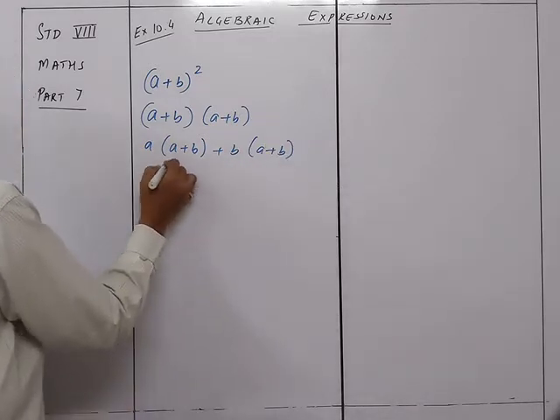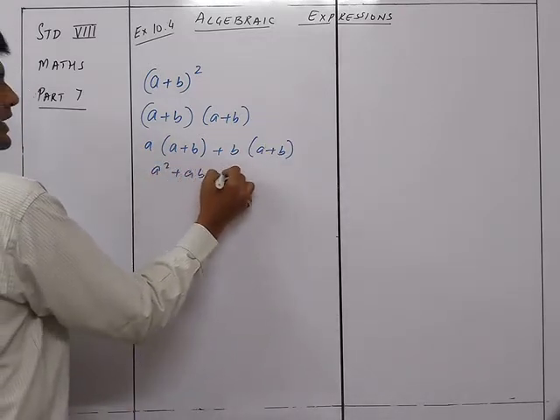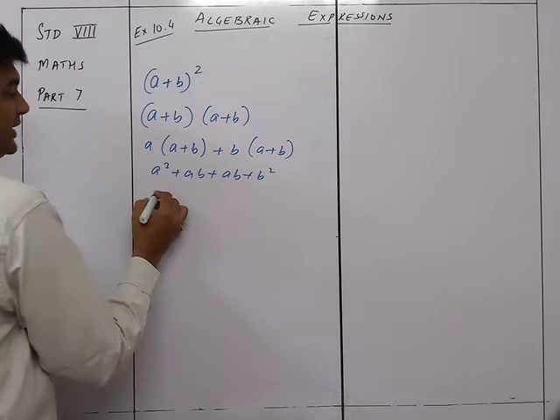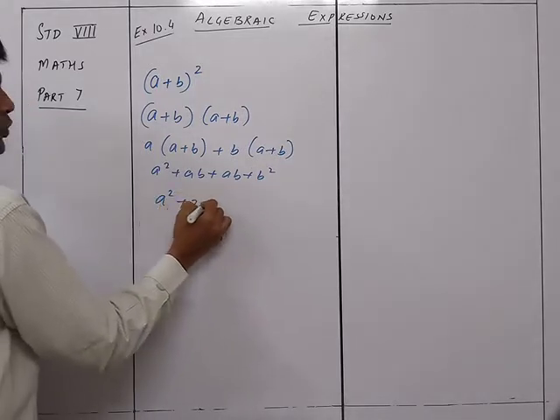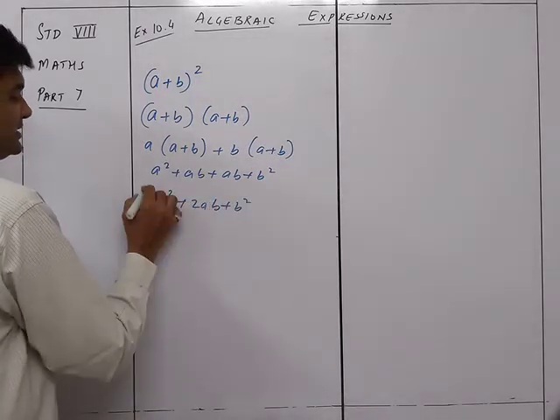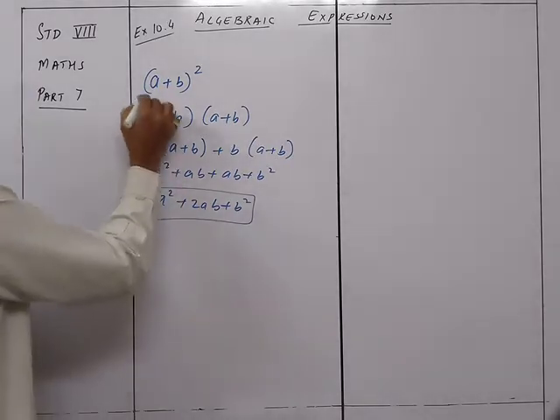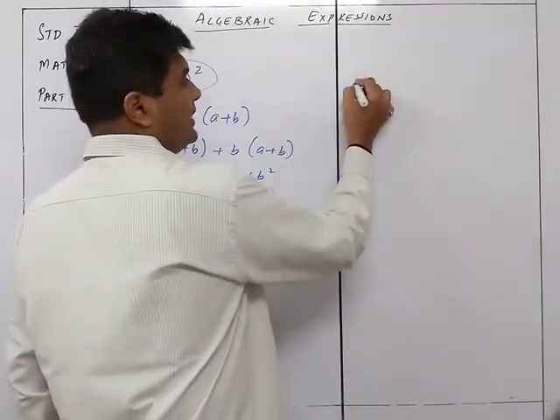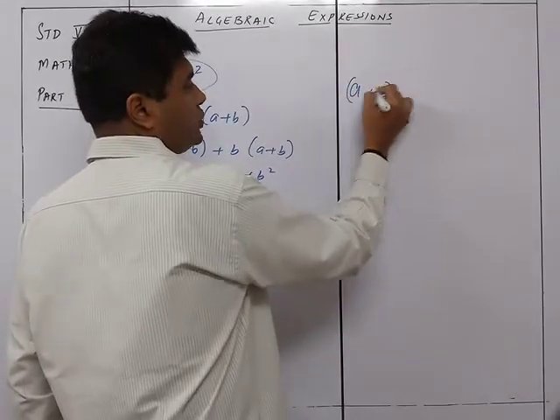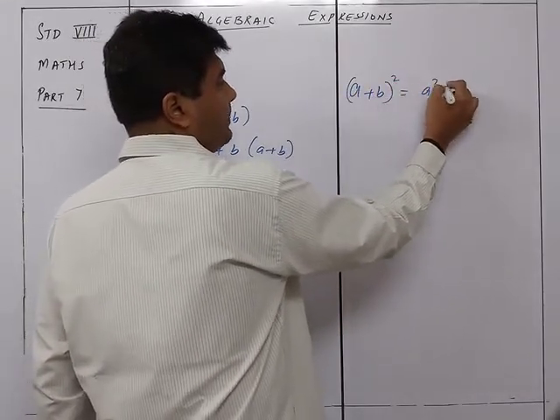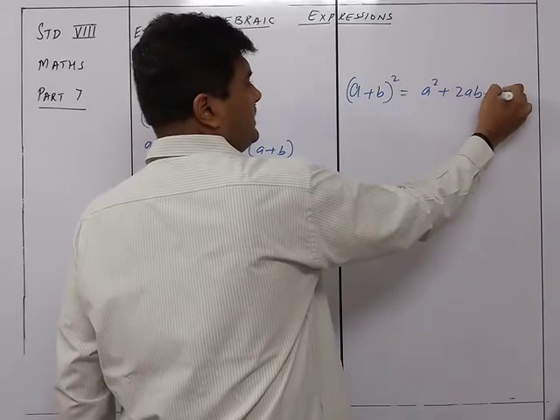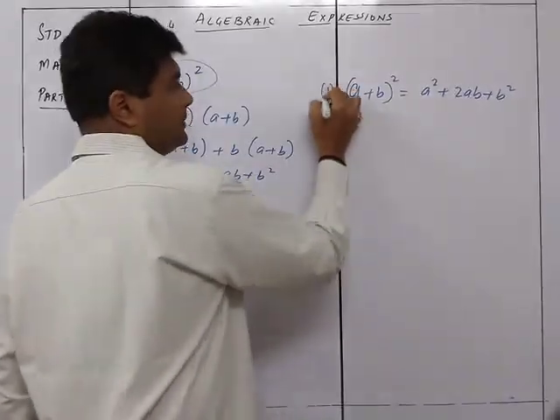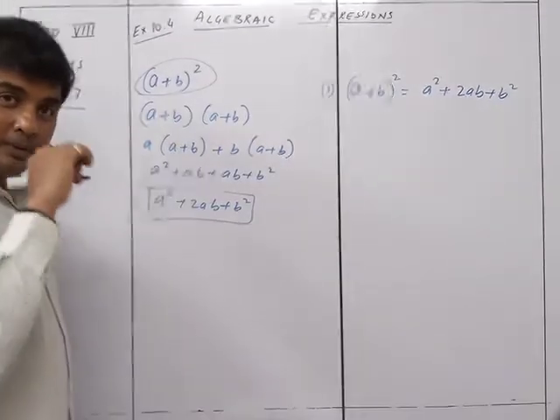So that is a square plus ab plus ab plus b square. So that is why a square plus 2ab plus b square. Now this is a resultant of this. So that's why that becomes a formula. The formula becomes a plus b the whole square is a square plus 2ab plus b square. This is the first formula. Okay?